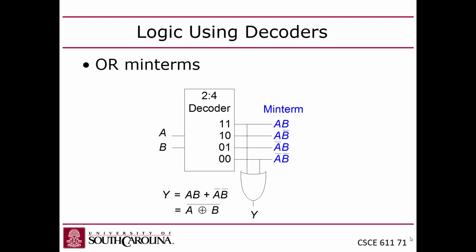You with me? Right? And then, in order to select which minterms, you can just connect the ones that you want to an OR gate. In other words, you take the outputs from the decoder, which will give you all the minterms of every combination of inputs, but then you just connect the ones that make up the actual minterms of the truth table or the Boolean expression, and you wire those into an OR gate.